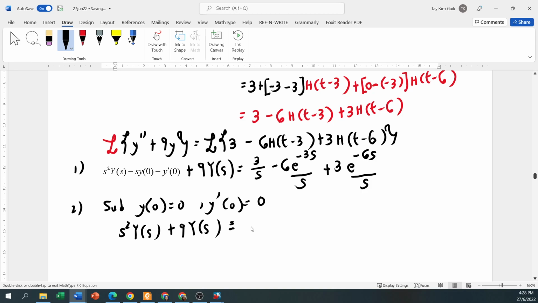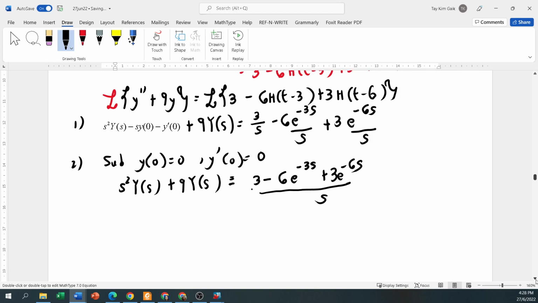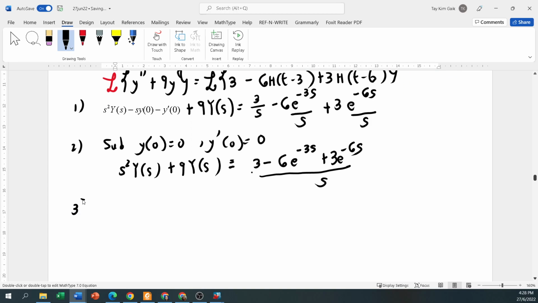So equal to 3 minus 6 exponent negative 3s plus 3 exponent negative 6s over s. Okay, this is the second step, plug in the initial conditions. Third step, solve for Y(s). From the second step, factor out Y(s). The first term is s squared, the second term still has 9.